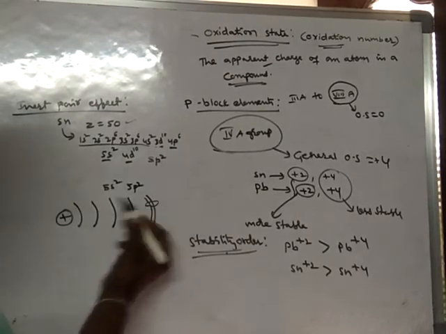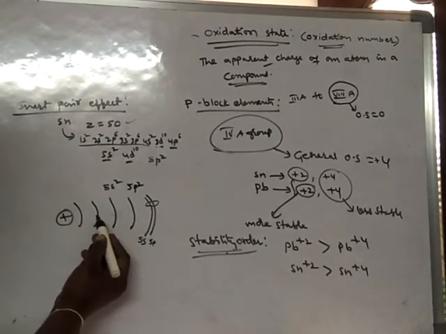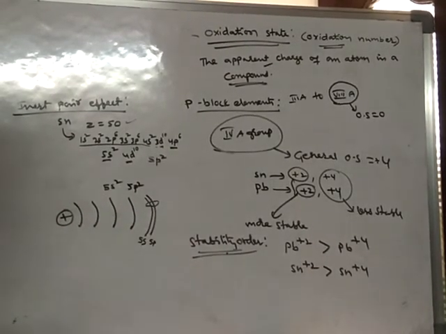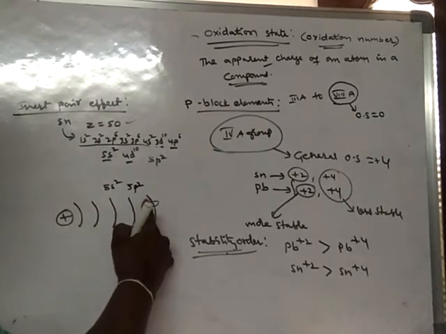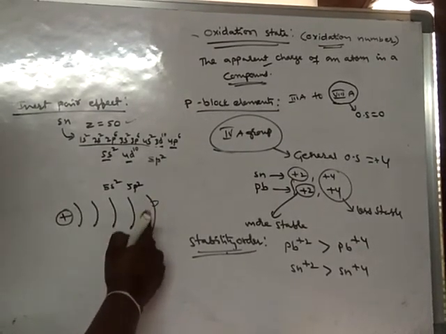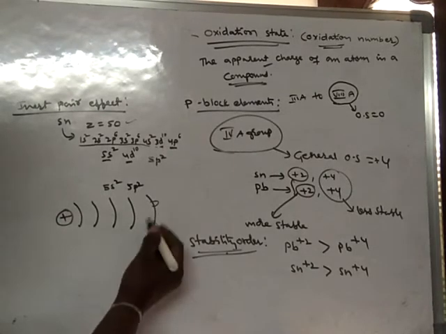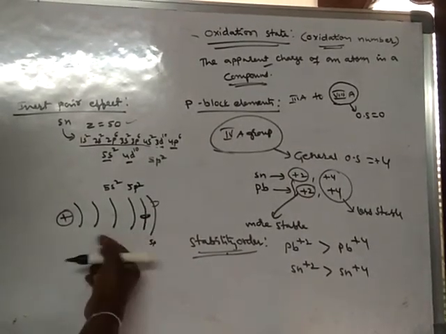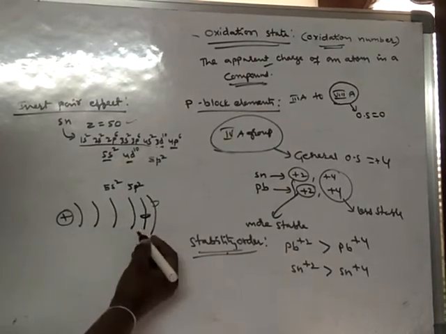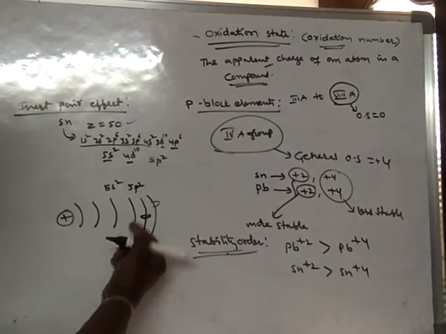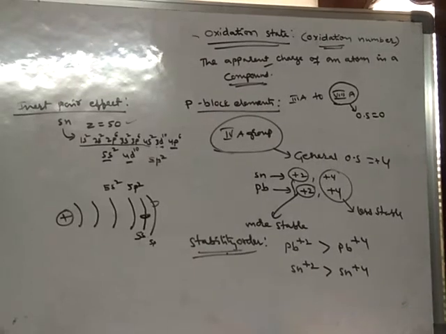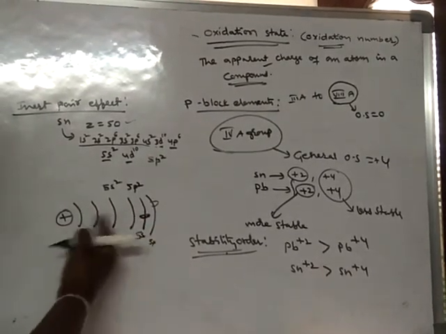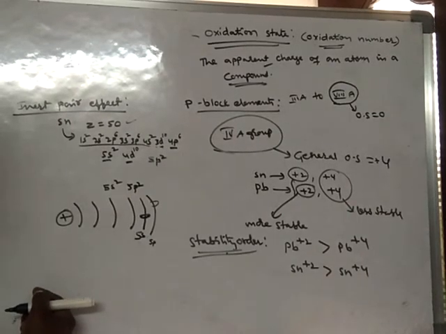So in the fifth orbit what is happening? The 5s electrons penetrate closely towards the nucleus, so they are attracted more towards the nucleus.